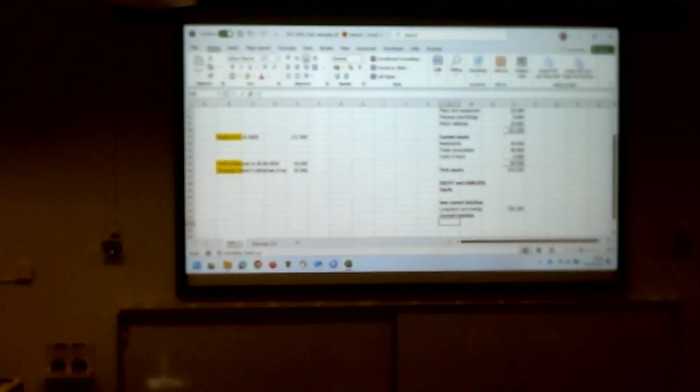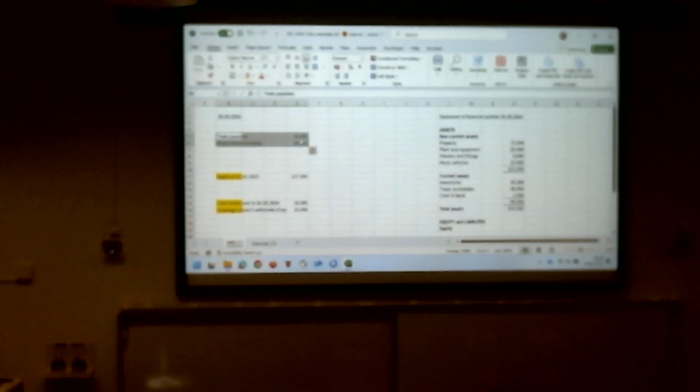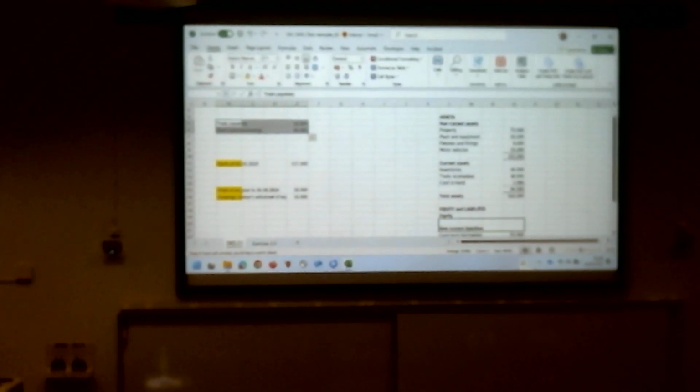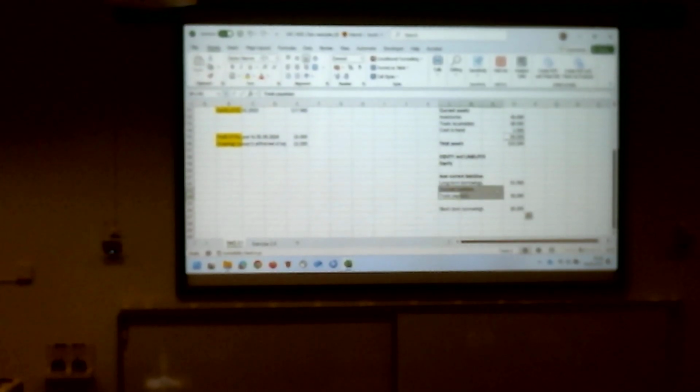And then we got the current liabilities. So there's not much left. What we have here, this all goes down. Here it's a little more how to sort. I couldn't tell what's right and wrong.